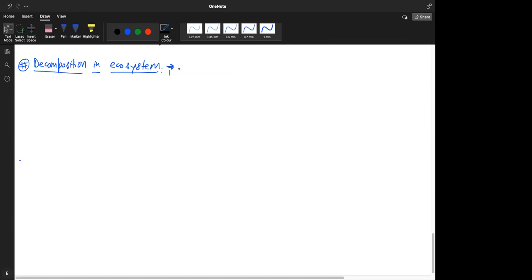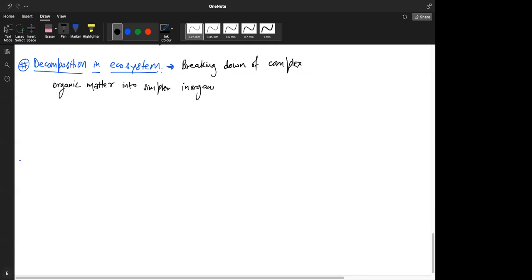Write down: breaking down of complex organic matter into simpler inorganic substances, and these substances again act as nutrients for the primary producers.